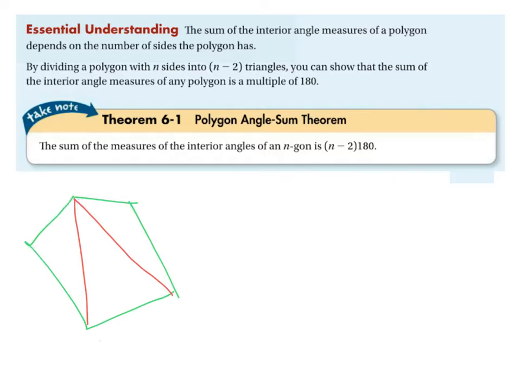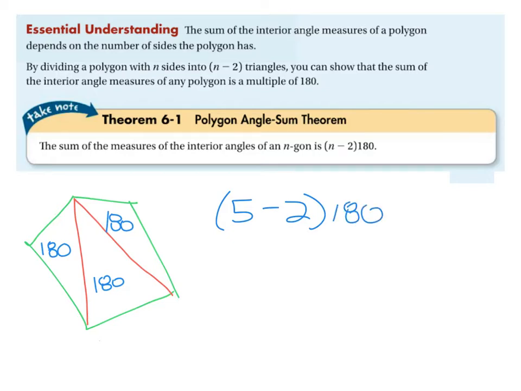We get 3 triangles, and all the angles on each triangle together make the angles of the polygon. So if we have 180 degrees total in this triangle, and 180 degrees in this triangle, and 180 degrees in this triangle, the sum of the angles in this polygon is equal to the number of sides, 5, minus 2, and then we get that many groups of 180. Okay.